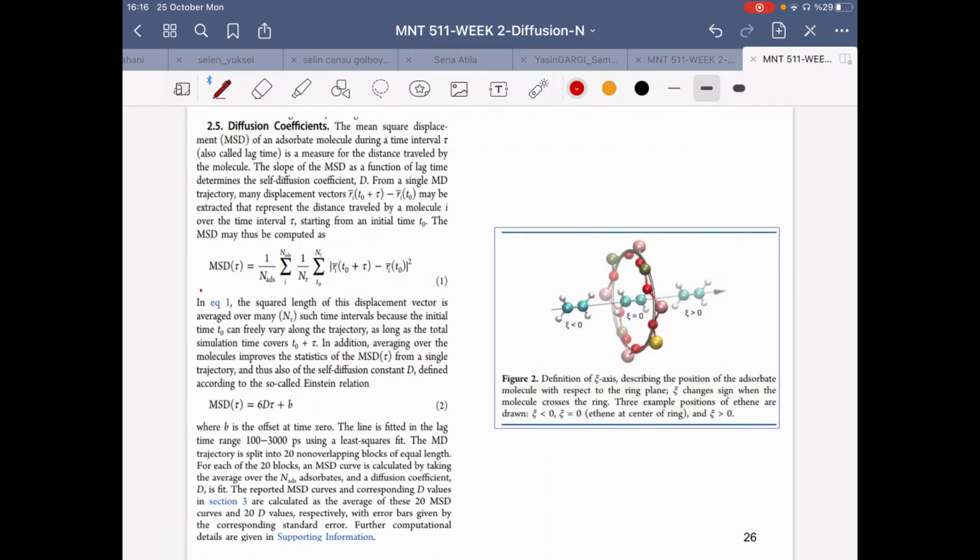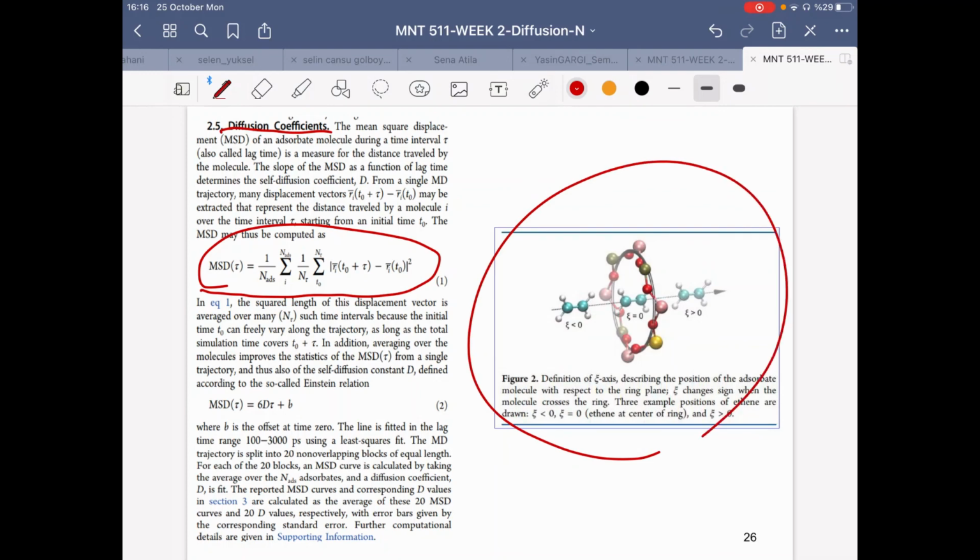As you can see, this research group used this approach to measure their diffusion coefficients. This is just to show you that there are these approaches used to measure diffusion coefficients, and this is what they simulate.